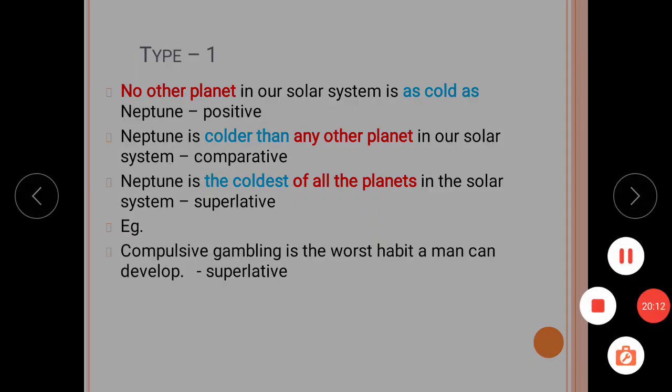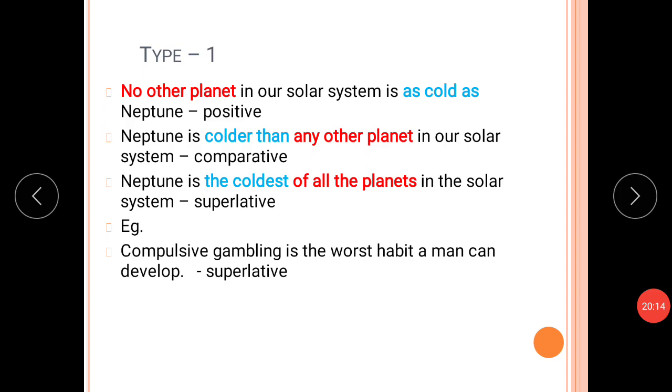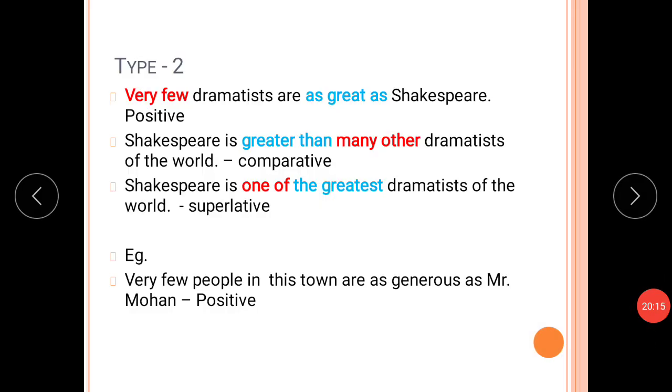Let's move on to type 2. In the first type we saw "no other". But here in type 2: very few dramatists are as great as Shakespeare.